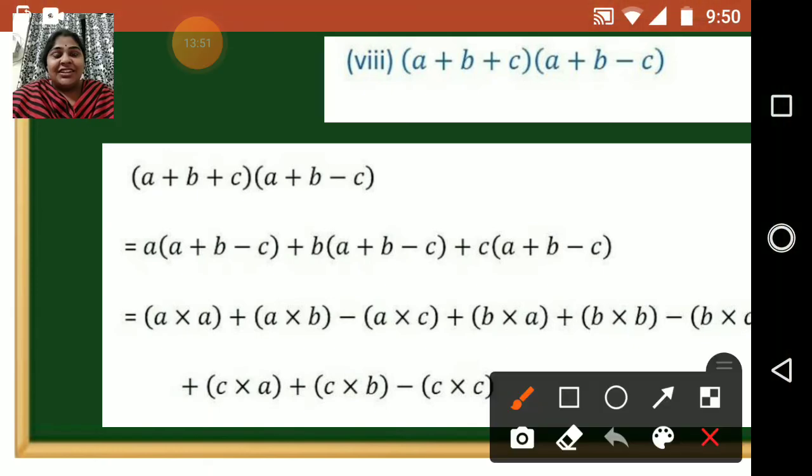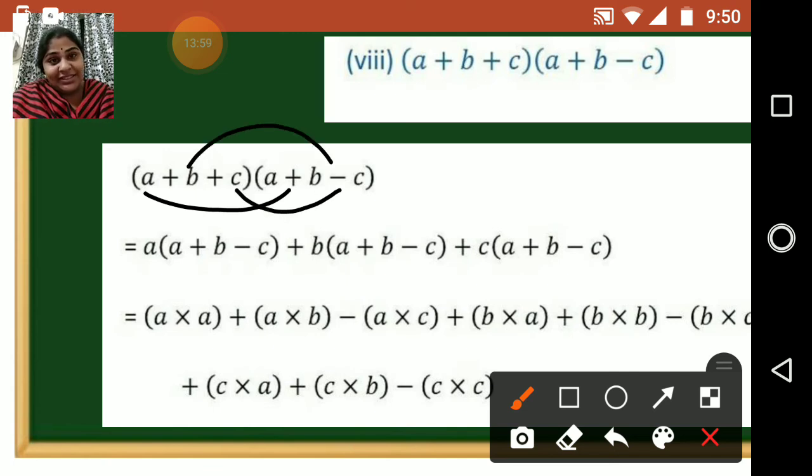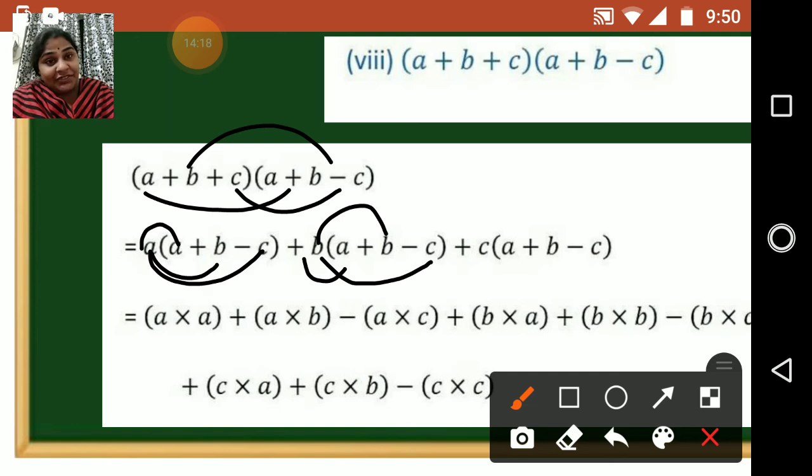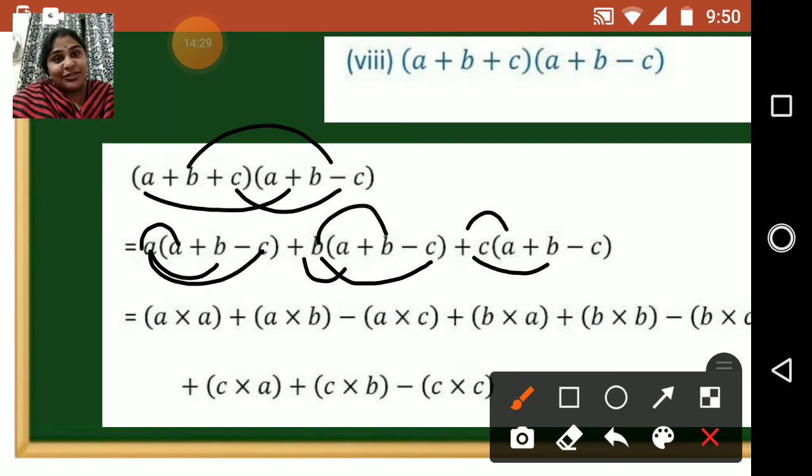So now here again, as I said, a multiplied by the second bracket, b multiplied by the whole second bracket, and c multiplied by the whole second bracket. So here a multiplied by a will be a square, a multiplied by b will be ab, a multiplied by negative c will be negative ac, plus b multiplied by a will be ab, b multiplied by b will be b square, b multiplied by negative c will be negative bc, c multiplied by a will be ac or ca also you can write, c multiplied by b will be bc, children.